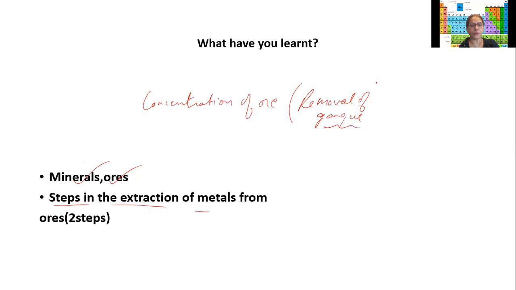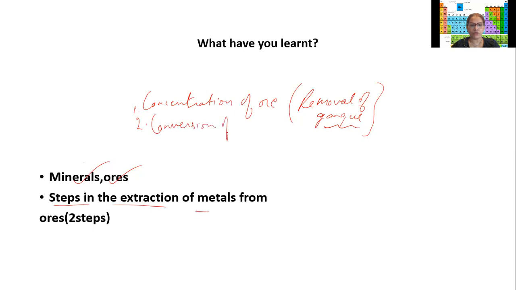Gangue is impurities present in the ore. Depending on the type of impurities, there can be 4 methods: hydraulic washing, froth flotation process, then magnetic separation, and leaching.